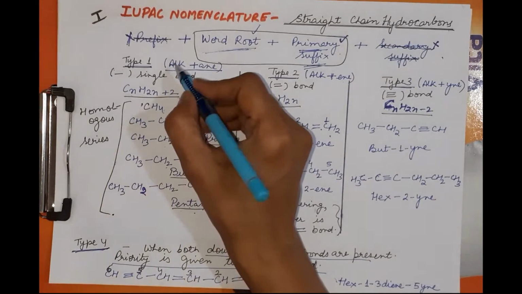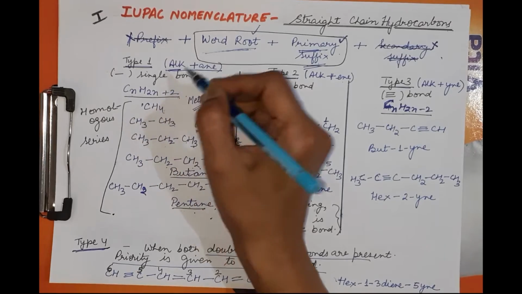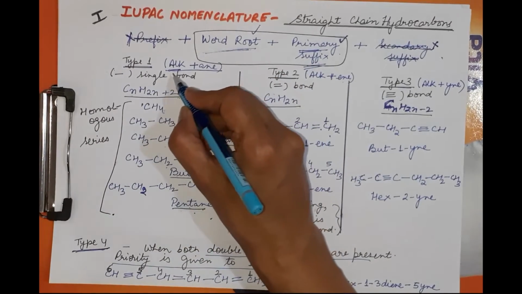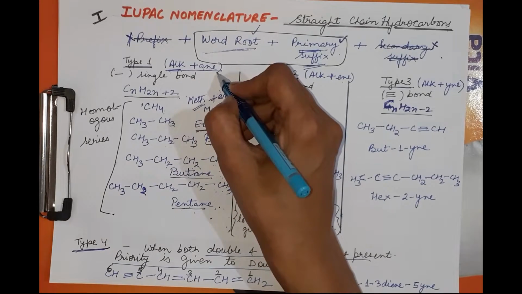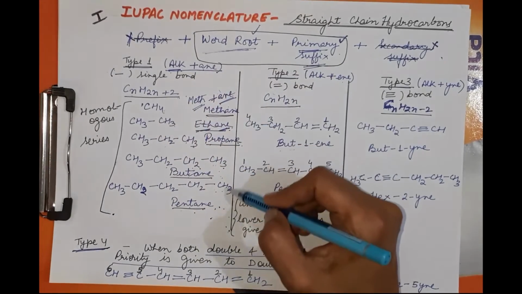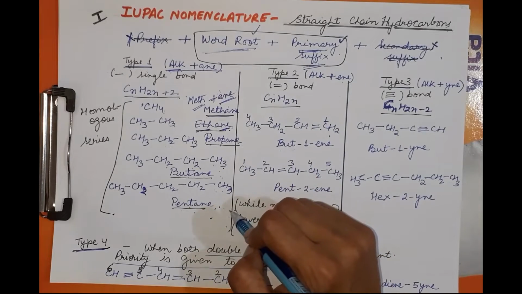So we can say that while naming these type of compounds, it is alk plus ane for the saturated compounds. And this series is called the homologous series.